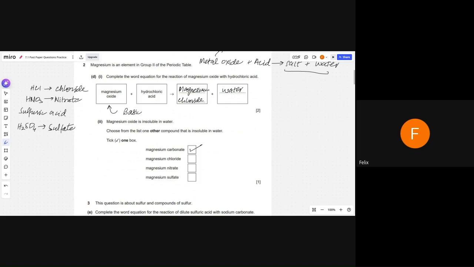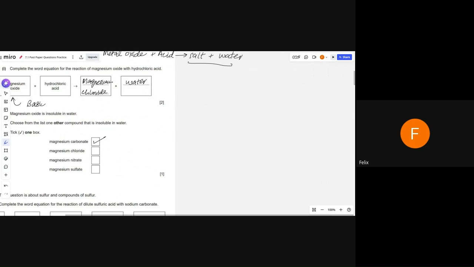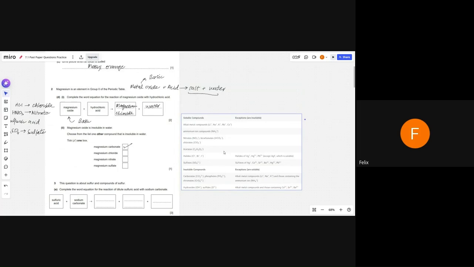You need to learn them to figure out which ionic compounds will be soluble in water and which will be insoluble. This understanding is very important for this chapter in particular, because there will be lots of questions, especially for extended students, which will check whether you understand this or not.